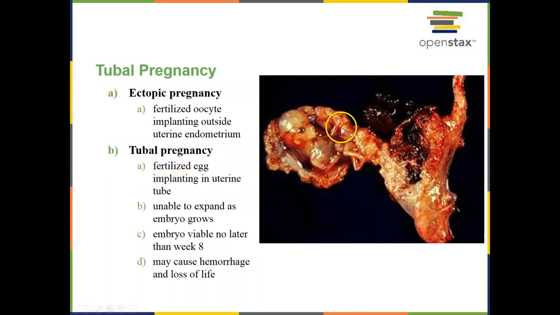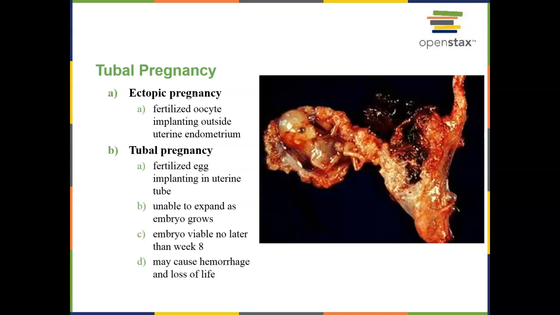What you're seeing here is a tubal pregnancy. I told you that one of the most common areas for ectopic pregnancies is when a blastocyst embeds in the isthmus of the uterine tubes. That's a tubal pregnancy, and that's a very common place for ectopic pregnancies.